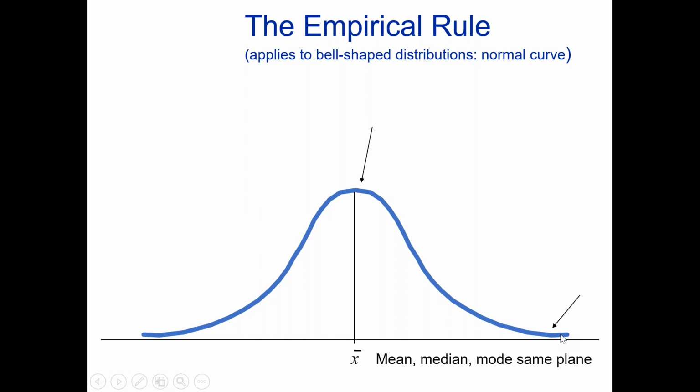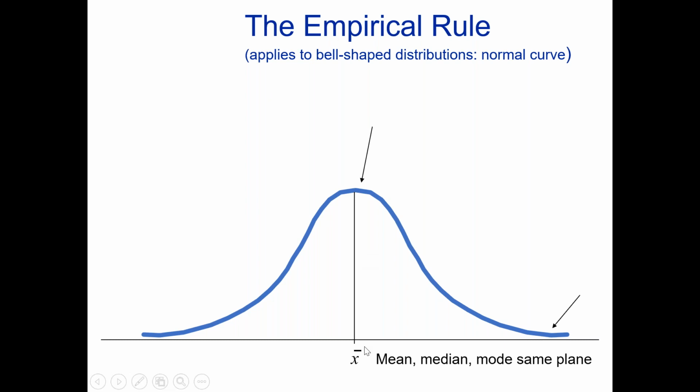The tails, the lines of the curve, do not touch the baseline. Please remember this. This is parallel to the base. And secondly, the mean, median, and mode lie on the same plane. That means if I have the mean of this sample, and the median and the mode also, the values will be similar.